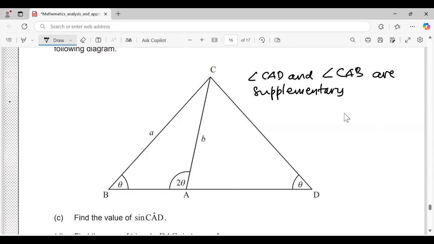If they are supplementary, it means angle CAD and angle CAB have the same sine value. So sine angle CAD equals sine angle CAB.